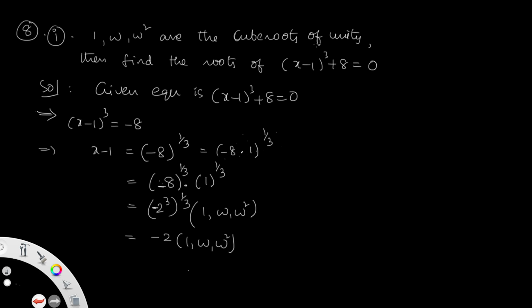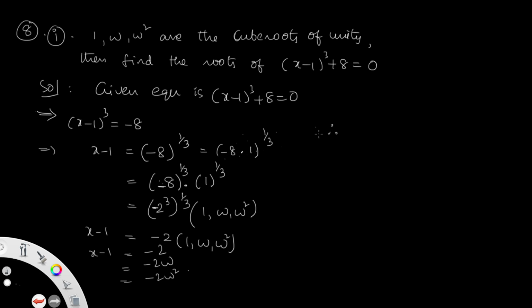In the question it is given that 1, omega, omega square are the cube roots of unity, that's why we are writing the same thing. (-2)^3 means -2 into -2 into -2, that is -8. So one of the roots is -2, another is -2 omega and another is -2 omega square, which is nothing but x - 1.